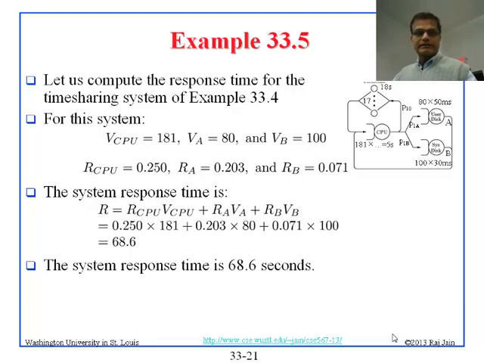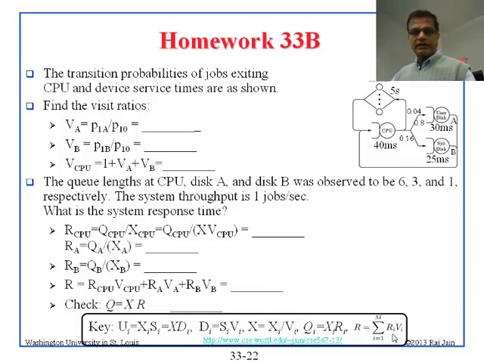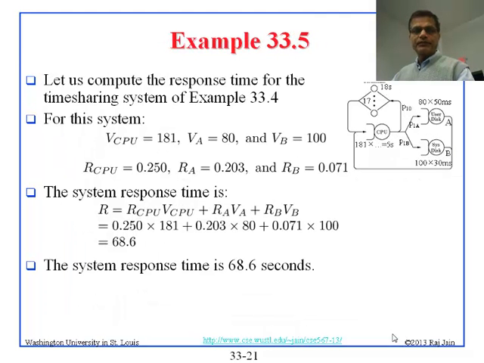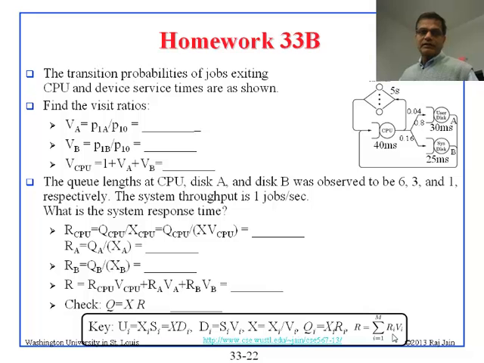The next thing is the example of this, and maybe I should finish that so that I can give you homework 33B. The example is the same thing that we have been working on. All we do is R CPU times V CPU, plus RA times VA, plus RB times VB, multiplied together, and we get 68 seconds as the system response time. That's all I'm asking you in homework 33B.